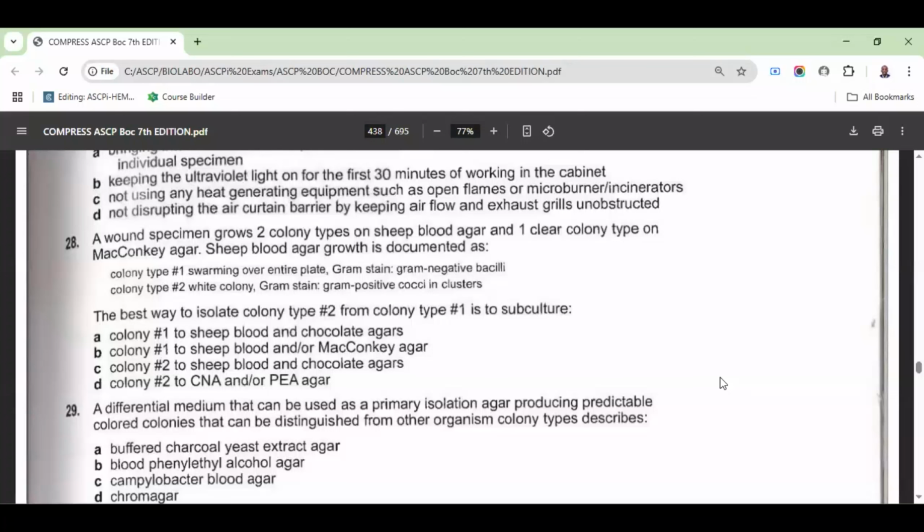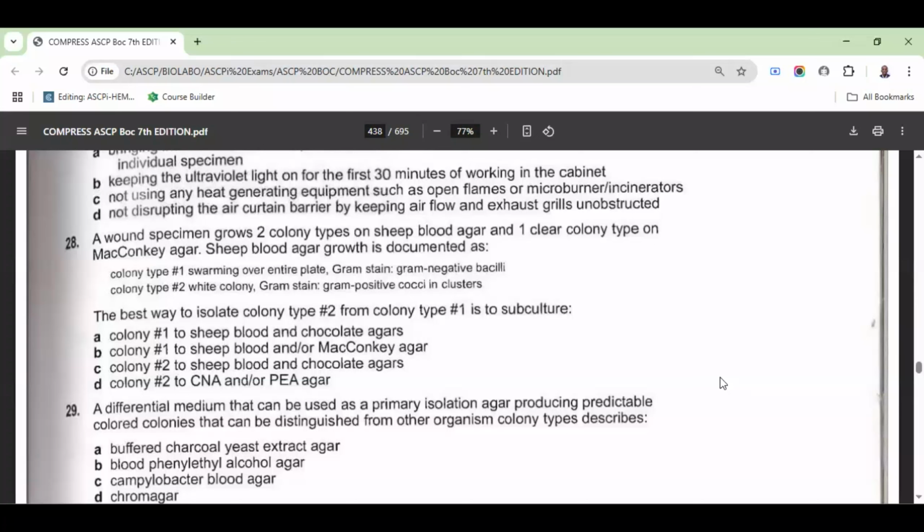Now that we have 2 colonies identified, even if we have swarming, we have isolated colonies that are not swarming, and we are going to subculture them. But even if there is contamination, the PEA and CNA cannot support Proteus, because of the ingredients in PEA and CNA.